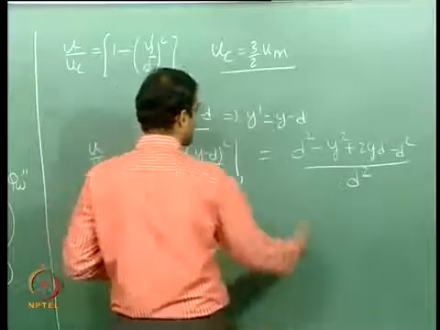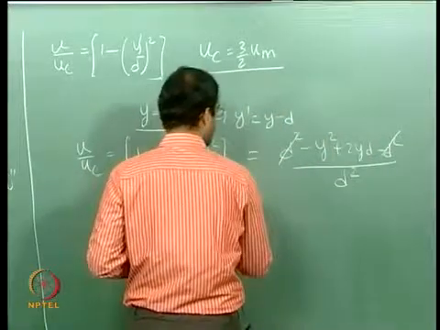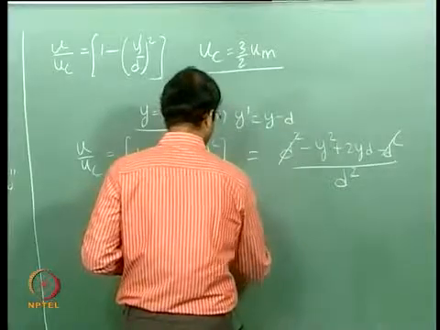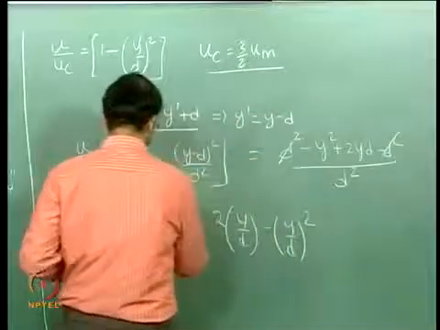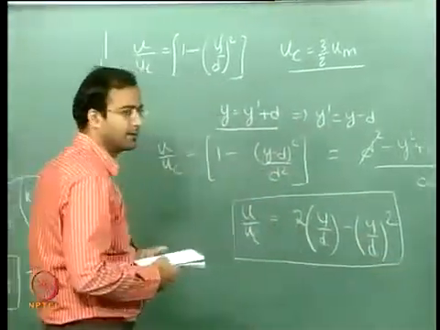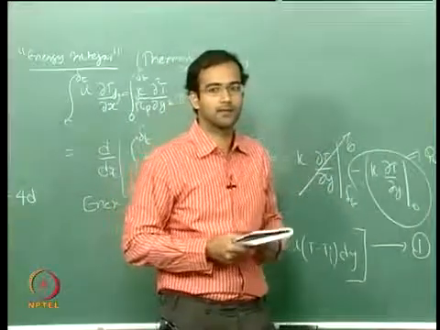So this is d square and d minus d square cancels, this can be written as twice of y by d minus y by d the whole square. So this is your velocity profile with the xy coordinate system attached to the bottom plate.